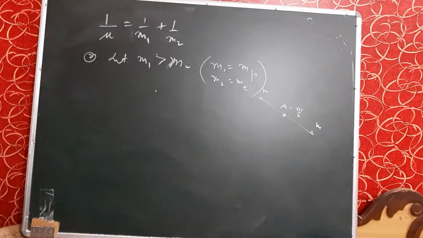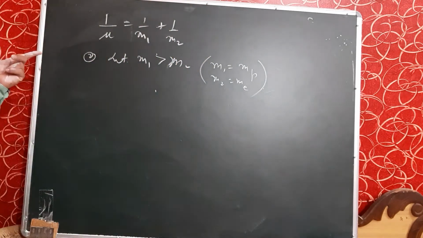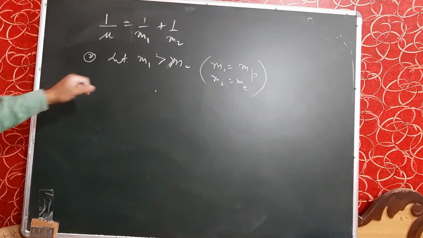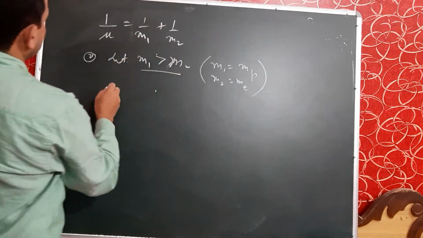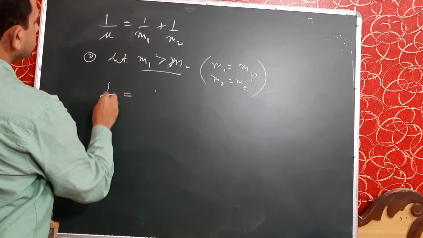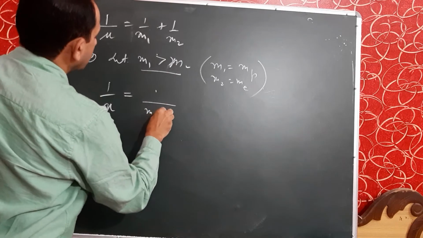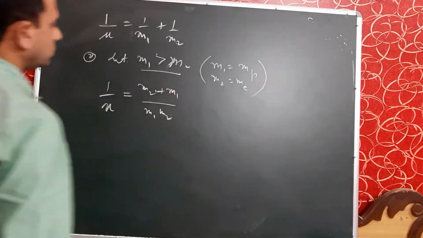This is the case for the hydrogen atom. In the first case I took both masses the same, but in the second case m1 is greater than m2. Then what will happen? 1/μ = 1/m1 + 1/m2, where m1 m2 is the LCM, so it becomes (m2 + m1)/(m1 m2).